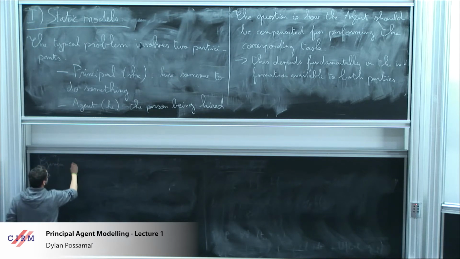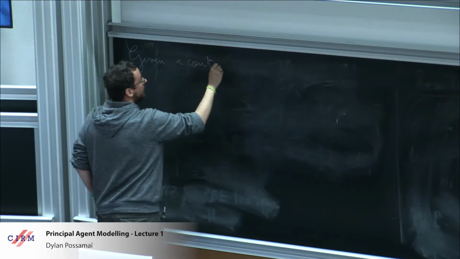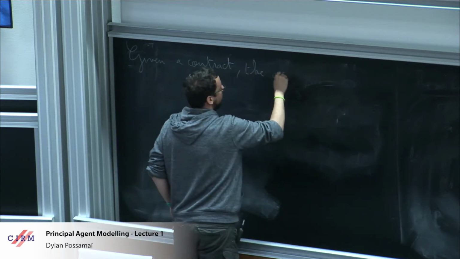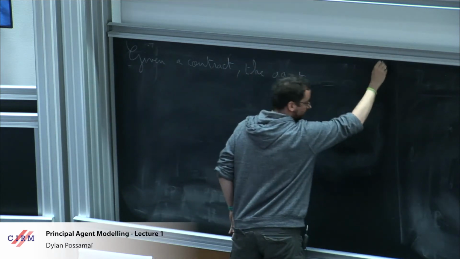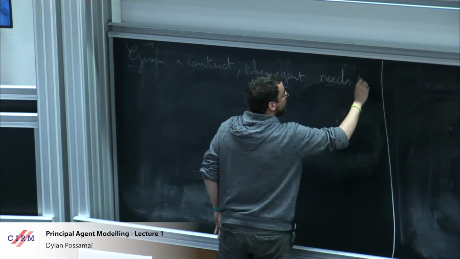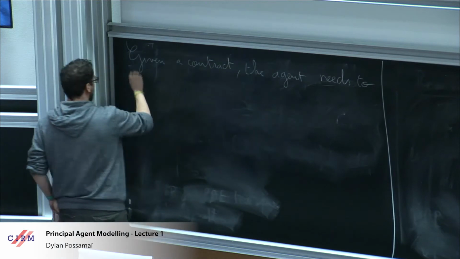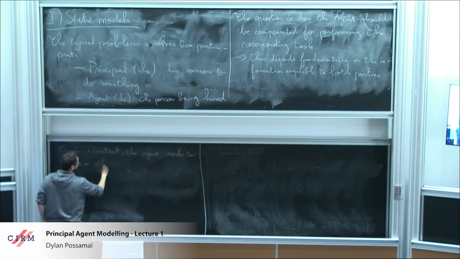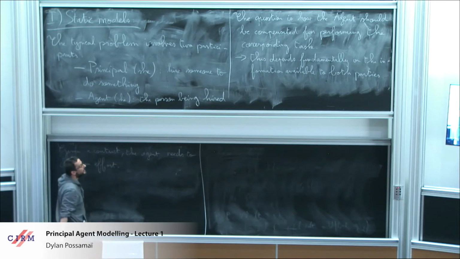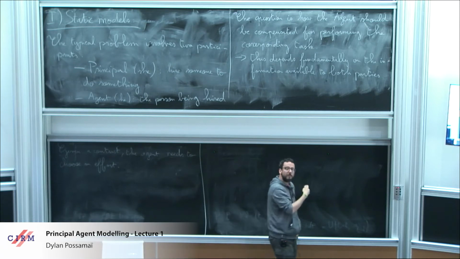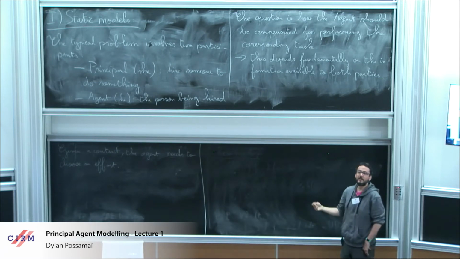So now, given a contract, he needs to choose an effort, and here again, I'm going to take something very simple. The rule about the contract is announced at time 0.